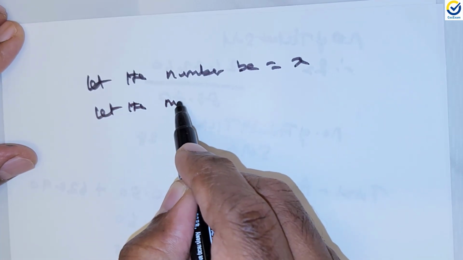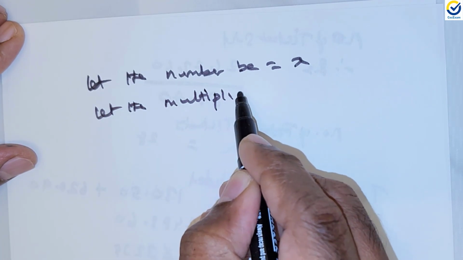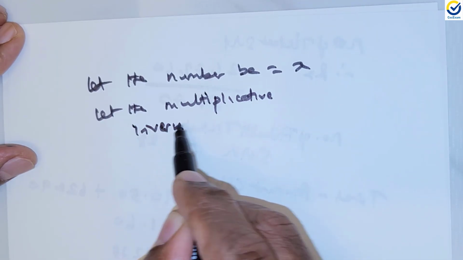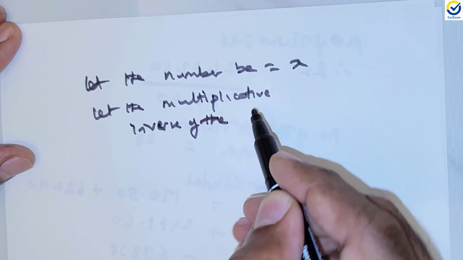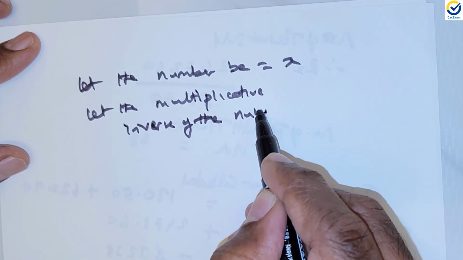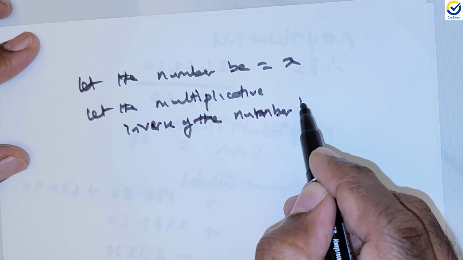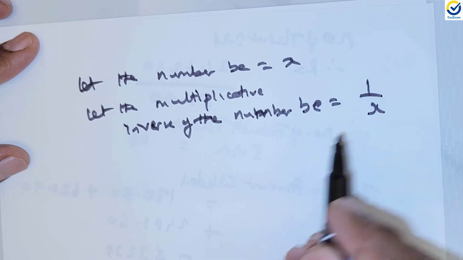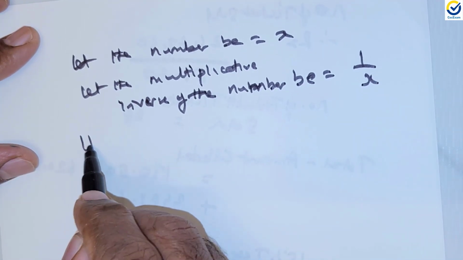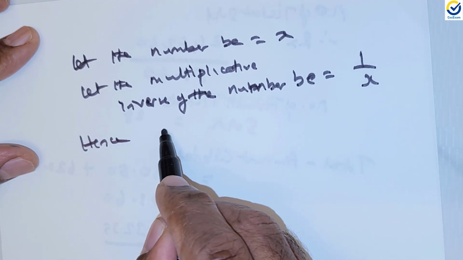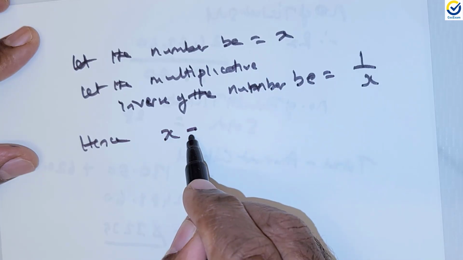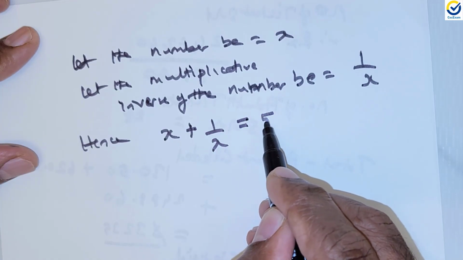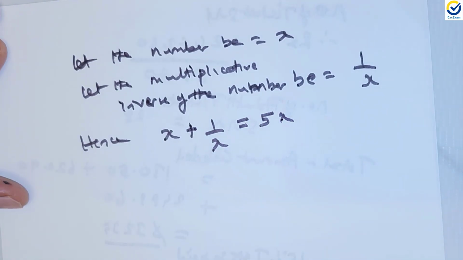Let the multiplicative inverse of the number be equal to 1 over x. Hence what they are giving us is the sum of the number plus its multiplicative inverse is nothing but 5 times the number. So this is the solution for this question.